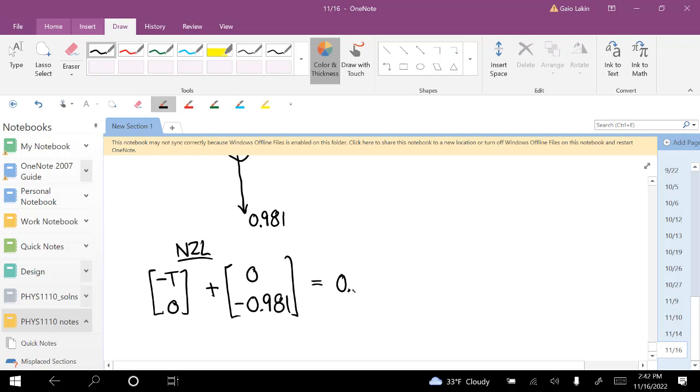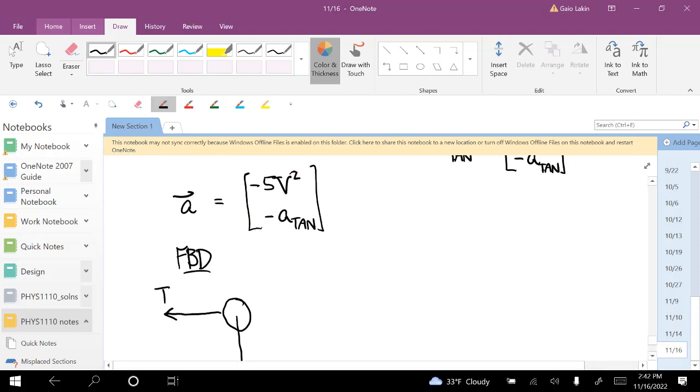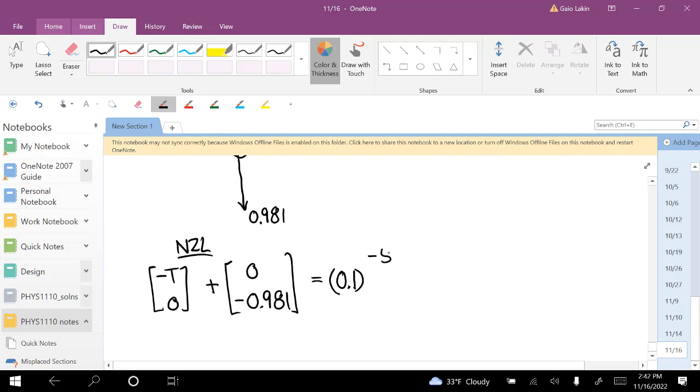The mass is 0.1. The acceleration, as much as we know of it for now, is this. So negative 5 v squared, negative a tangential. That a tangential is just a variable. I could have called that a or x or p or whatever. But we have to calculate the value of that variable in order to come up with this vector.